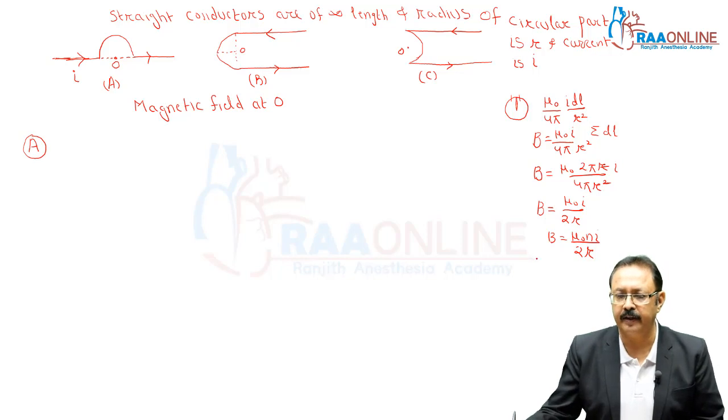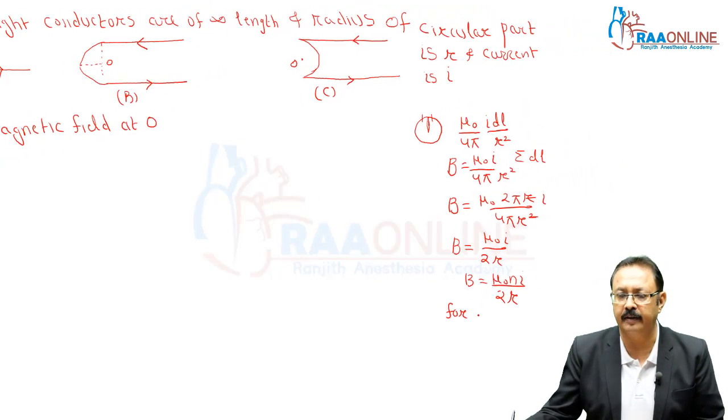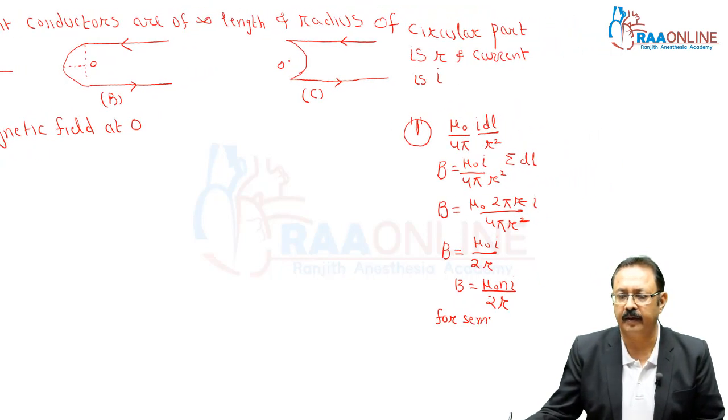For a semicircle, the magnetic field for one turn should be mu naught I, in place of 2 pi r it should be pi r, upon 4 pi r square.